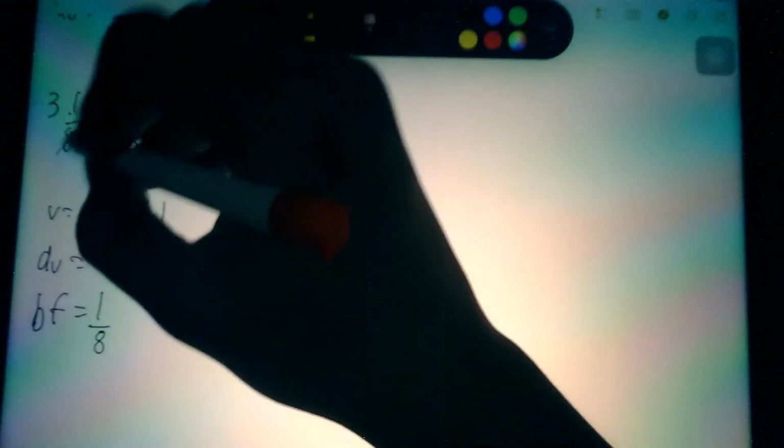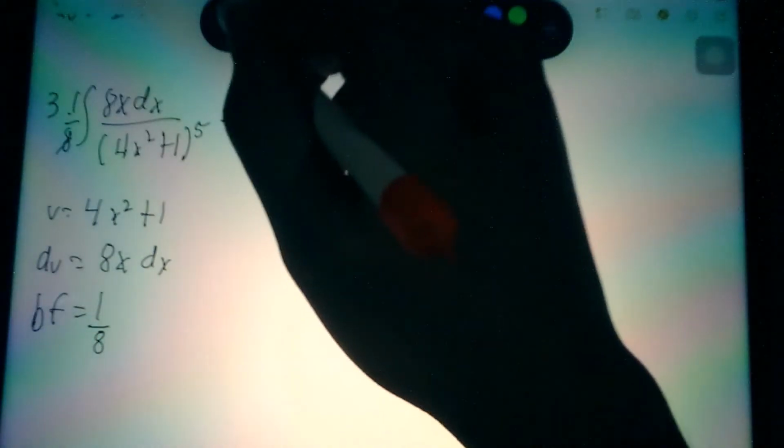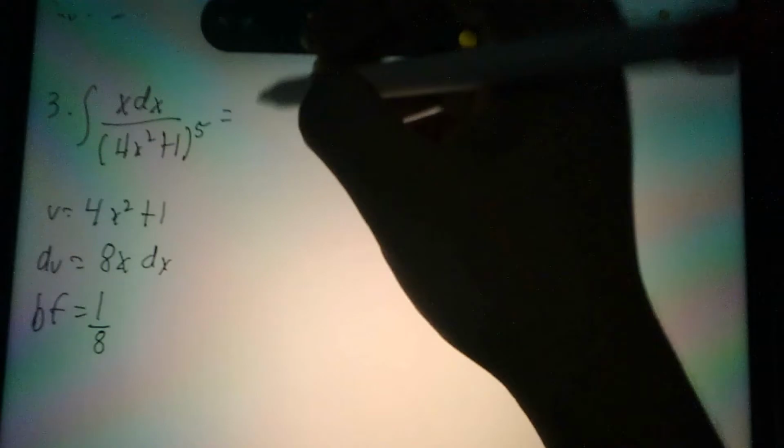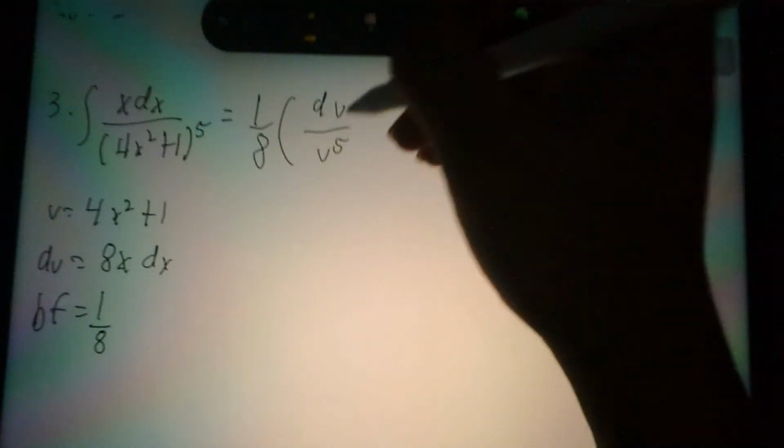So 1/8 and 8 will cancel each other out, which will become 1. Erase this. Let's write our new equation: 1/8 times the integral of du over u raised to 5.